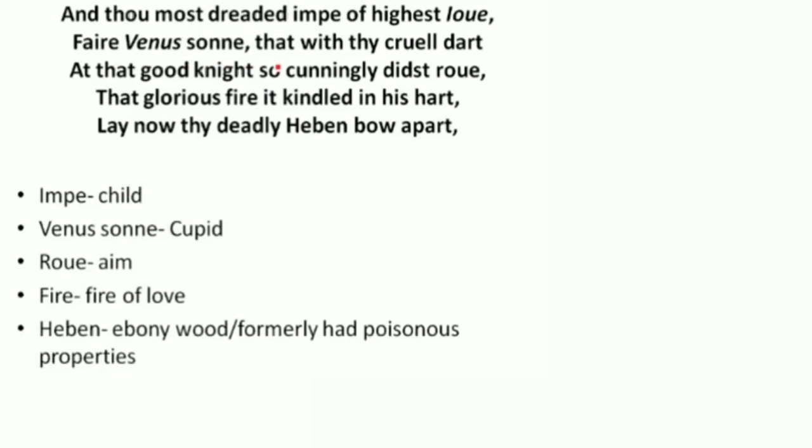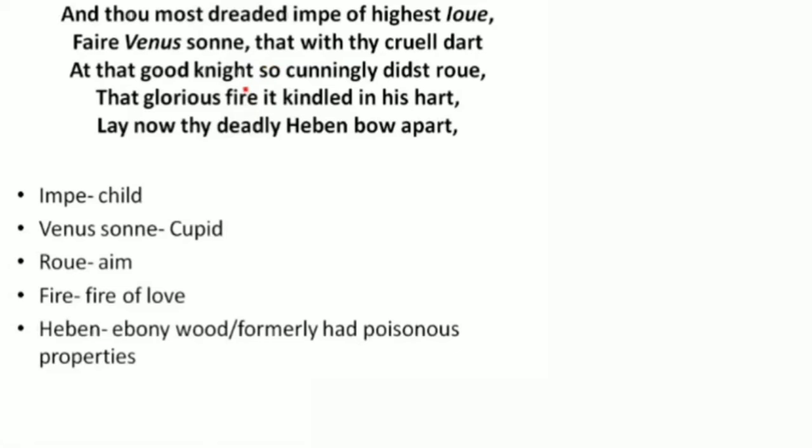He says that you, Cupid, the son of Jove and Venus, with thy cruel dart, with the dart of Cupid. It is believed in Greek mythology that the person Cupid hits with an arrow falls in love. So on the basis of this, the poet uses that reference to Cupid, the son of Jove and Venus.